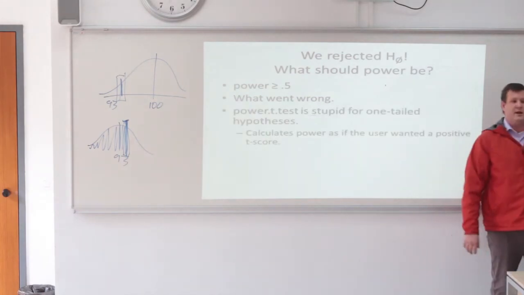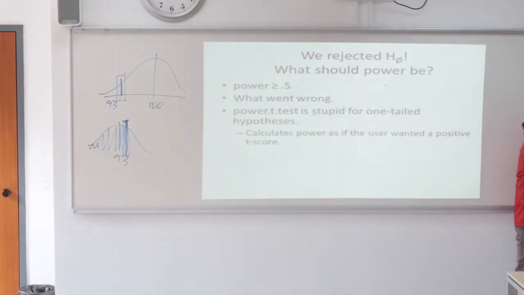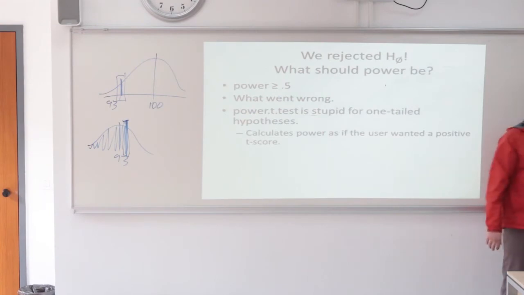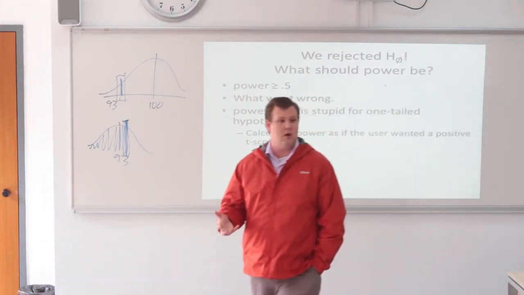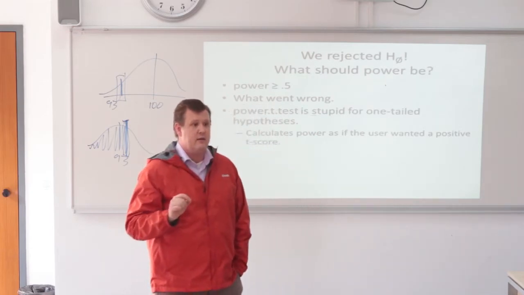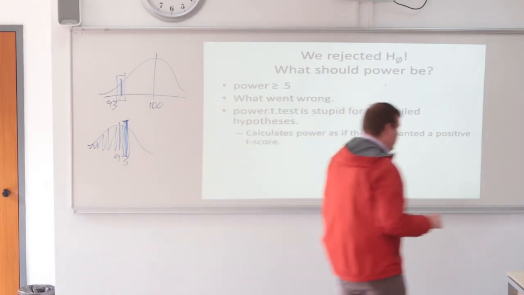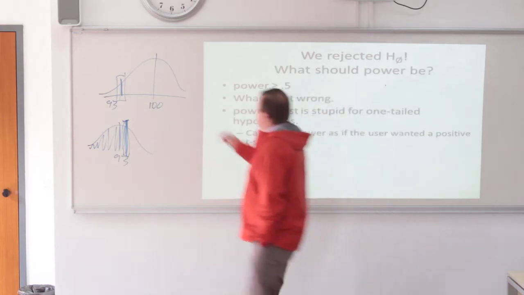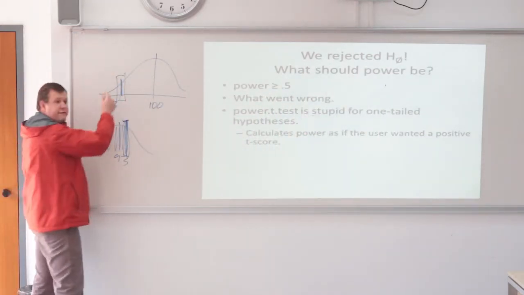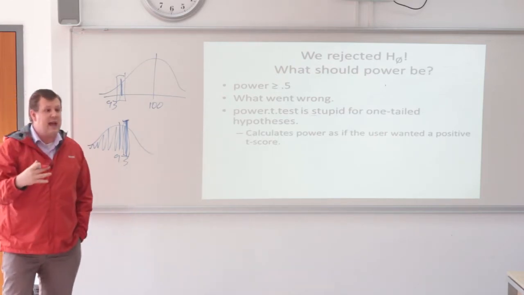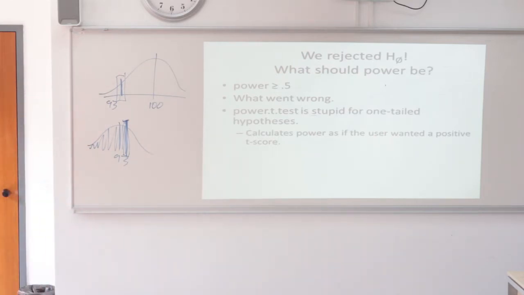It turns out that power.t.test is stupid for one-tailed hypotheses. It calculates power as if the user wanted a positive t-score or a positive d. So here we were looking for something that was negative, right? We were going to reject if we had a t-score that was negative and far enough away from 0, right?